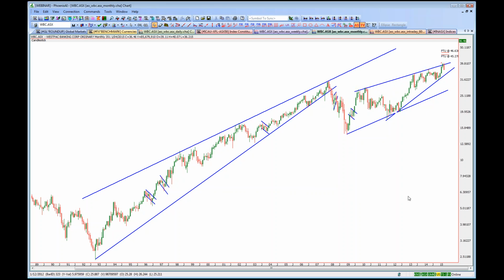If you do that, of course, let me just do it a bit more. Just there. What we can see, it has still penetrated a little bit and closed below it.